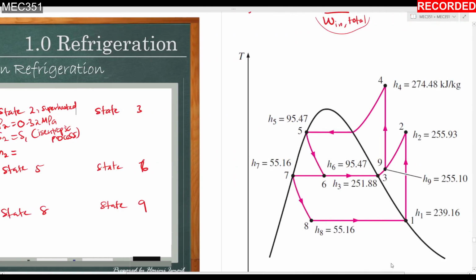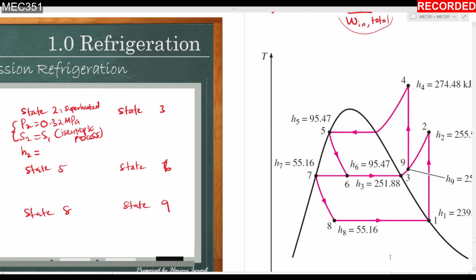Okay, and state 3, you have to find using the saturated mixture formula, which is H3 equal to HF plus x6 HFG.